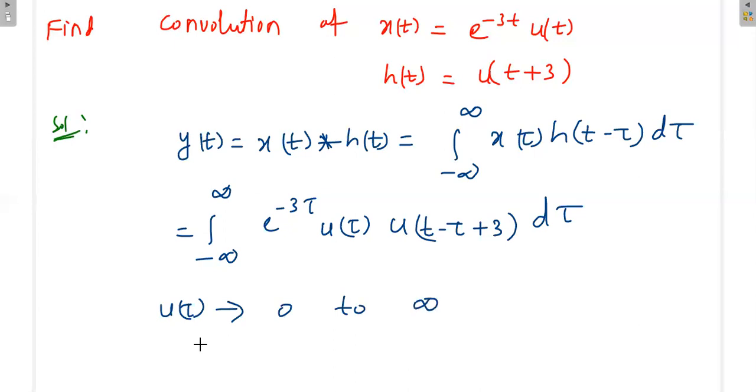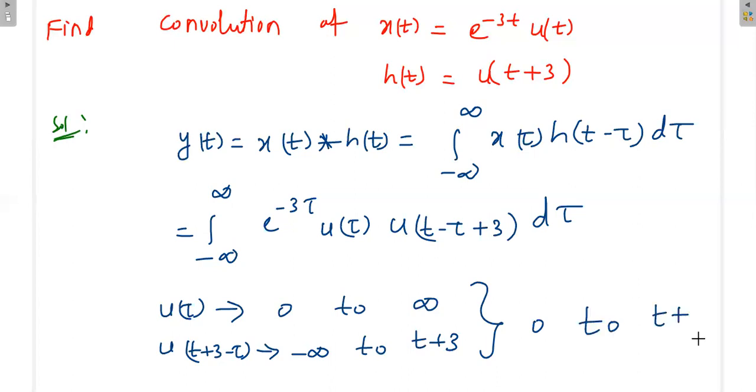U of t plus 3 minus tau goes from minus infinite to t plus 3. Then what is the common limit? 0 to t plus 3 is the valid limit. Once if you go outside 0 to t plus 3, you will be getting 0 only here.